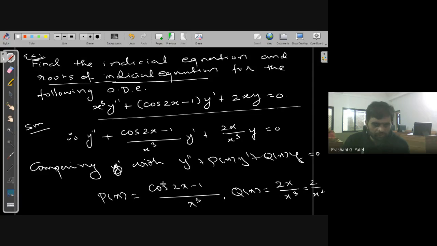We observe that this (cos 2x minus 1) upon x cube and this function q of x, that is 2 upon x square, are not analytic.